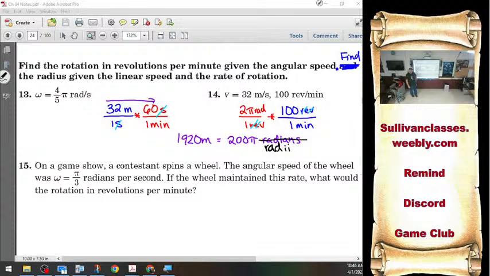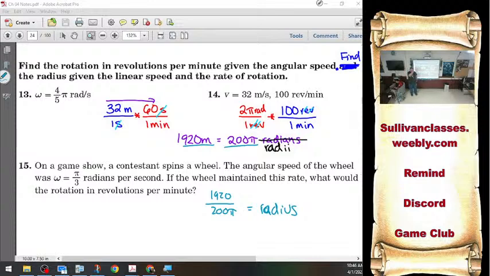Kind of sounds like Yoda saying that he's ready to go. Radii. So I have 200 pi radiuses, which means if I divide by 200 pi, a radius is 1920 over 200 pi.